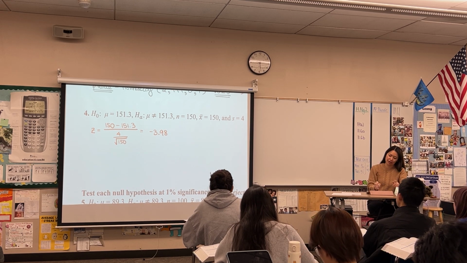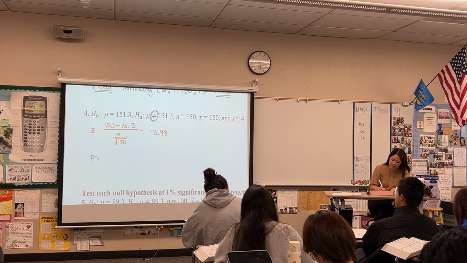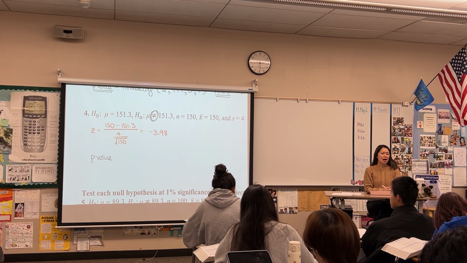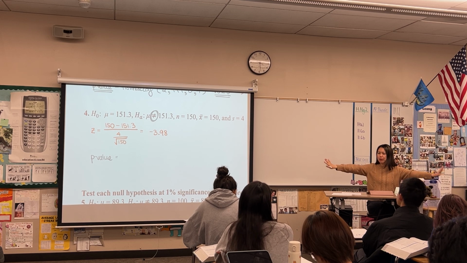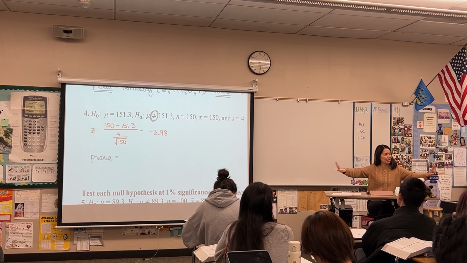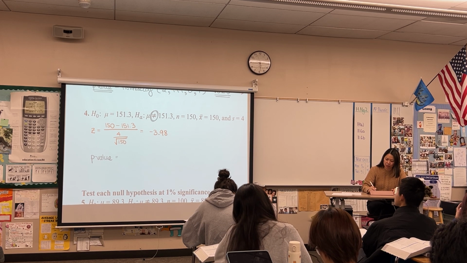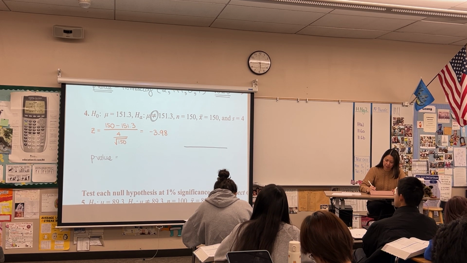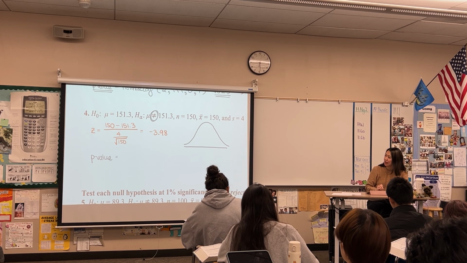Okay, p-value. Let's go ahead and check out what to do with p-value when it is not equal to. All right. So because it's not equal to, we want to go on both sides, right? It's not single direction, right? Not greater than, not less than. So we're actually just going to go on both sides that looks like.